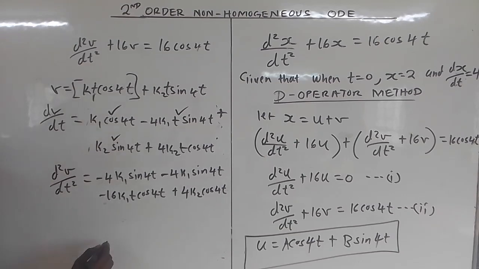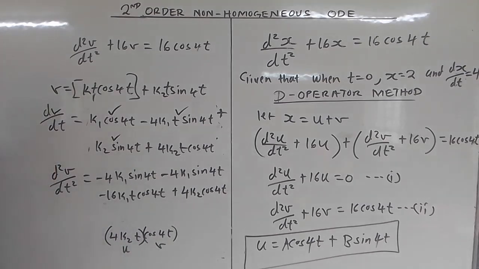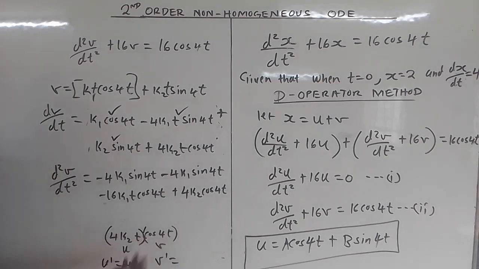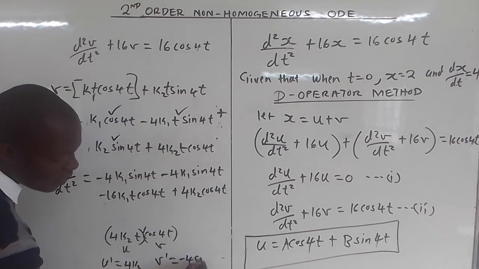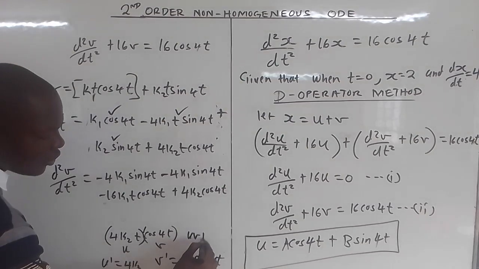What do you have? We have 4k2t cos 4t. So this 4k2t will be u and cos 4t will be v, isn't it? So when you differentiate u, if you differentiate t, you get 1, because 4k2 is a constant, isn't it? So you remain with 4k2. Then if you differentiate v, cos 4t, you get negative 4 sine 4t. Then what do you know? You are supposed to have uv plus uv.